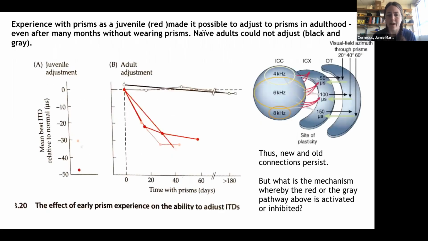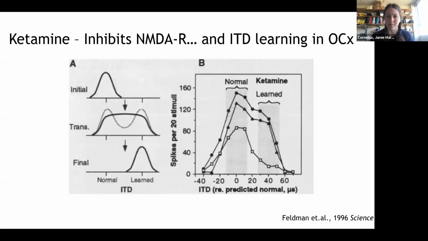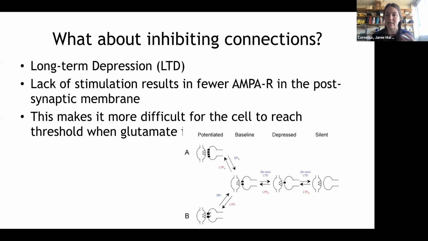Here, so we have the red connections that are the prism shifted, but then there's still also the gray connections that exist that were the original connections between the ICC and the ICX. And so we saw that you had to both excite the new connection at the same time that you inhibit the old one.